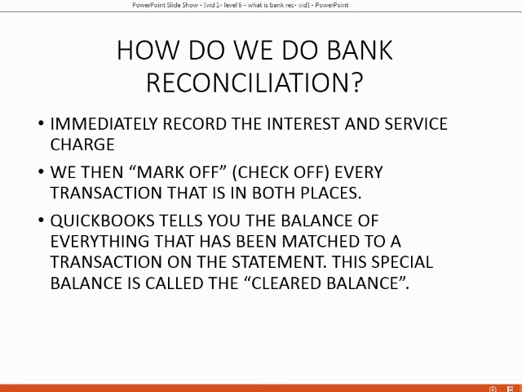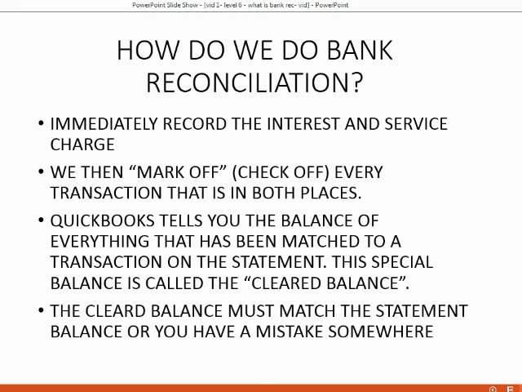This balance is a special balance called the cleared balance. The cleared balance must match the statement balance, or you have some mistake somewhere. You will have a more direct definition of cleared balance and a better example in our next video when we actually do a bank reconciliation.